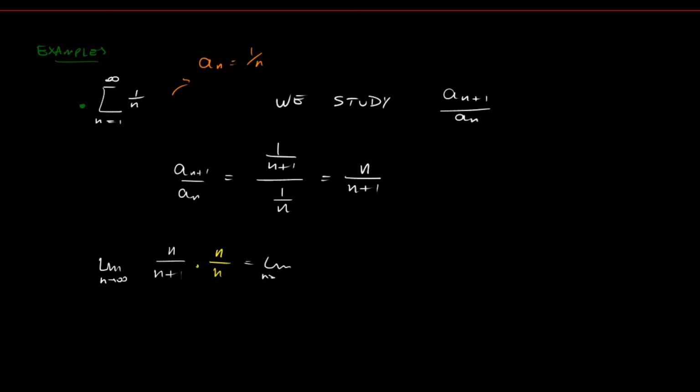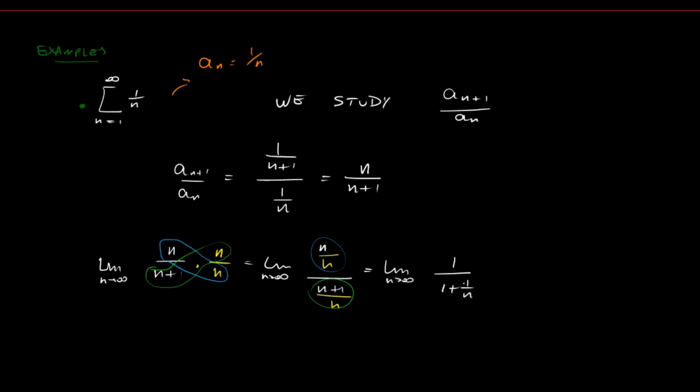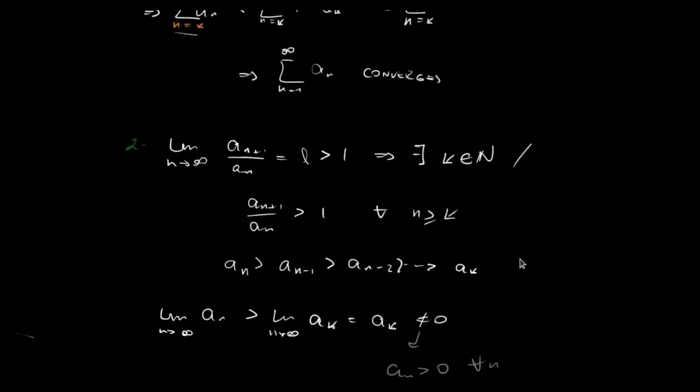So this is the limit of n divided by n, divided by n plus 1 divided by n, because we are putting these two together here and then these other two together here. So then this is the limit of 1 over 1 plus 1 over n. And then when n tends to infinity, this goes to 0 and we have 1 over 1 and the limit is 1.